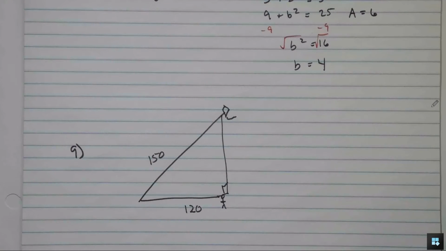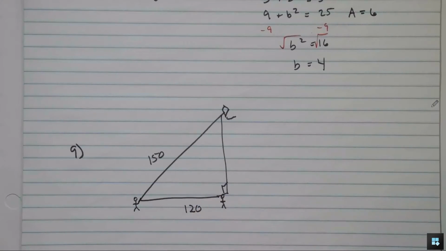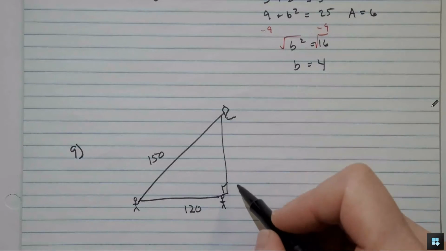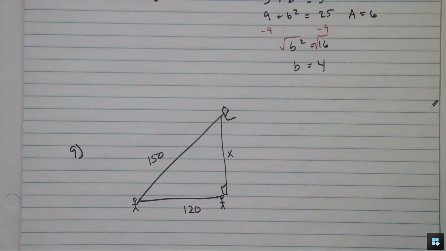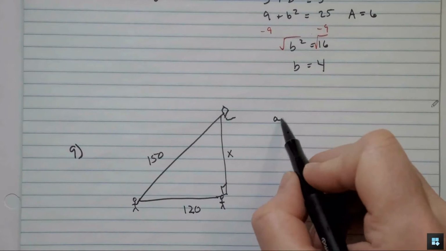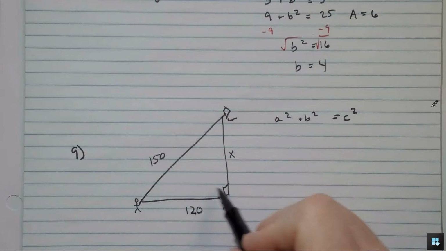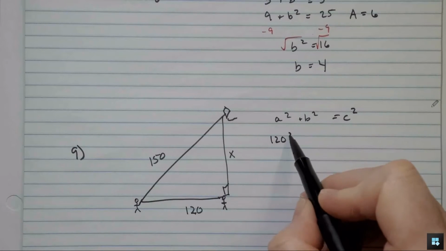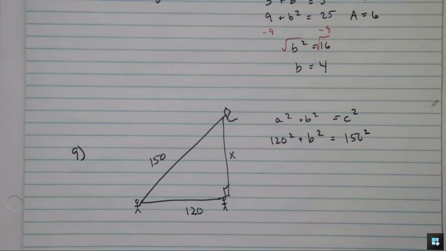The next one, number 9, then we have this kite flying and the student looking up 120 feet away from the student actually holding the kite, and see that that makes a right angle then. So we can find what this is. The legs of the right triangle are 120 and x, and the hypotenuse is the 150, because that's opposite the right angle. So use a calculator here.